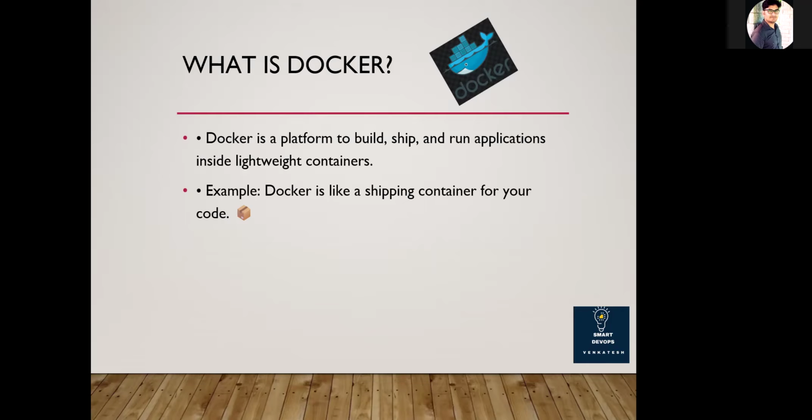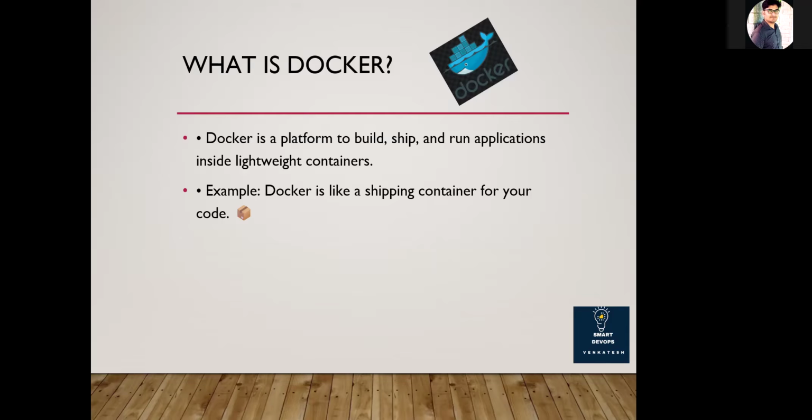Also, the application build takes a lot of storage, and when you convert it into an image, the storage gets reduced. There are many benefits when we convert it into an image. Docker also simplifies the development process by eliminating environment-related inconsistencies, as I said before.